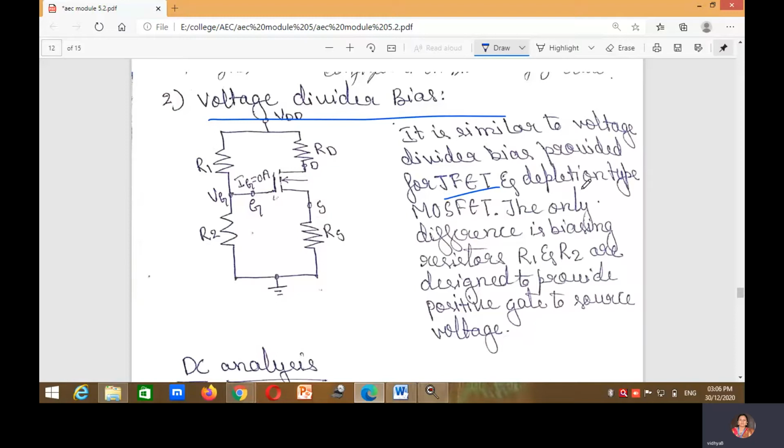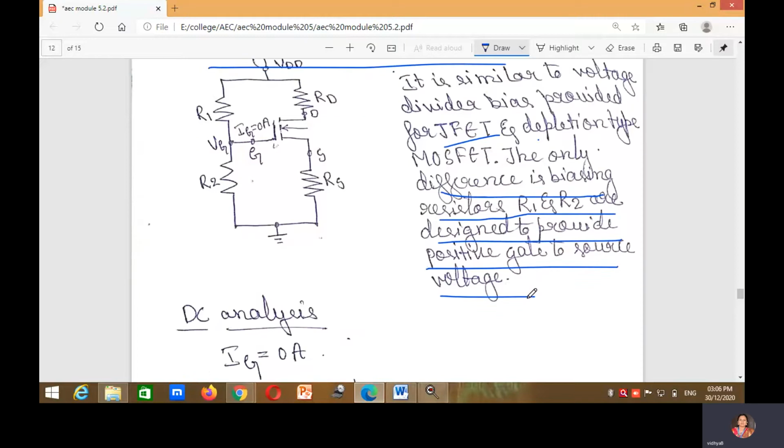It is similar, but the difference is in the biasing resistances. You can observe that R1 and R2 are designed to provide a positive gate-to-source voltage.